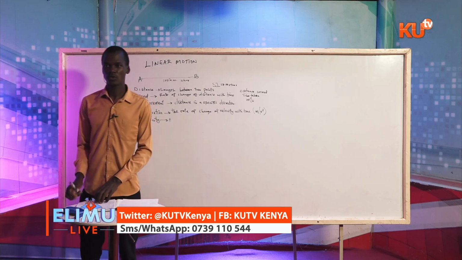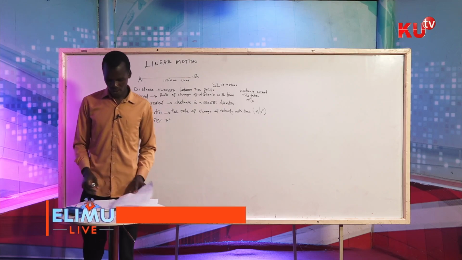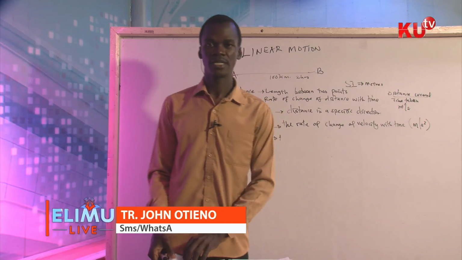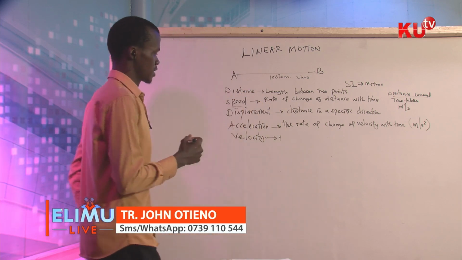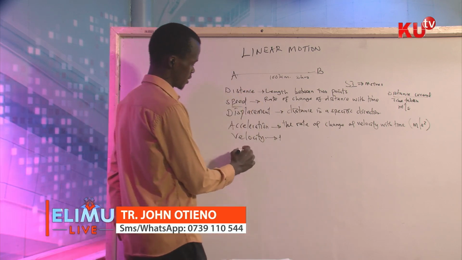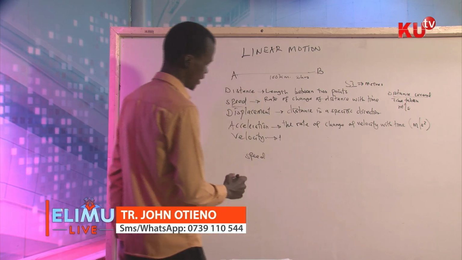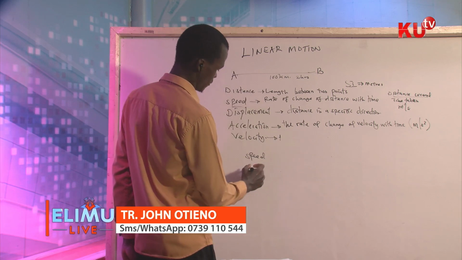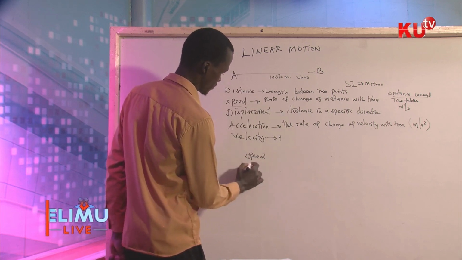Now, in today's lesson, we look specifically at relative speed. In linear motion, we have 4 subtopics. We have the topic of speed. We have the subtopic of distance time graph.